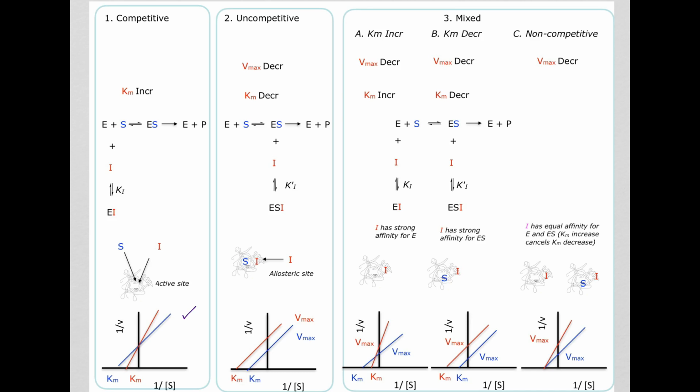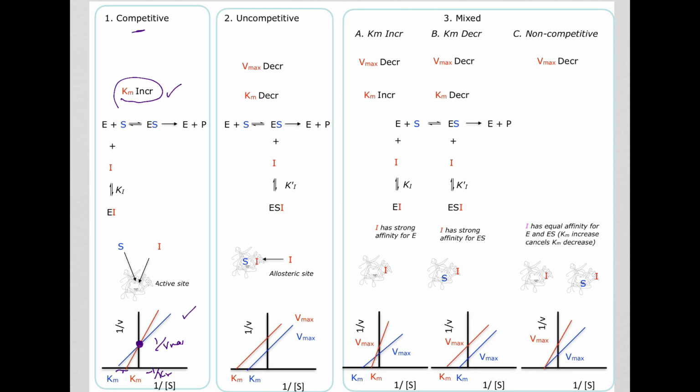So for example, in competitive inhibition, only Km increases, so the Vmax remains the same. Remember, this y-intercept is 1 divided by Vmax, so the Vmax is not affected. The x-intercept is minus 1 over Km, and you can see the Km is increased in the presence of inhibitor.